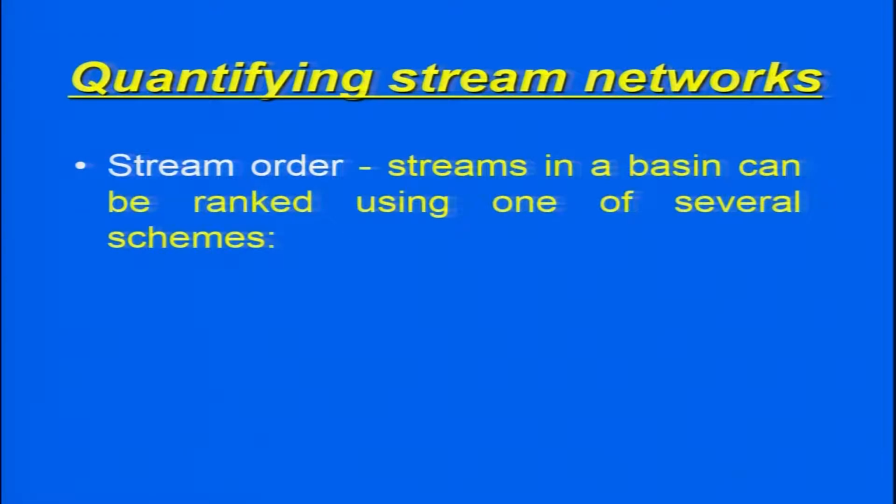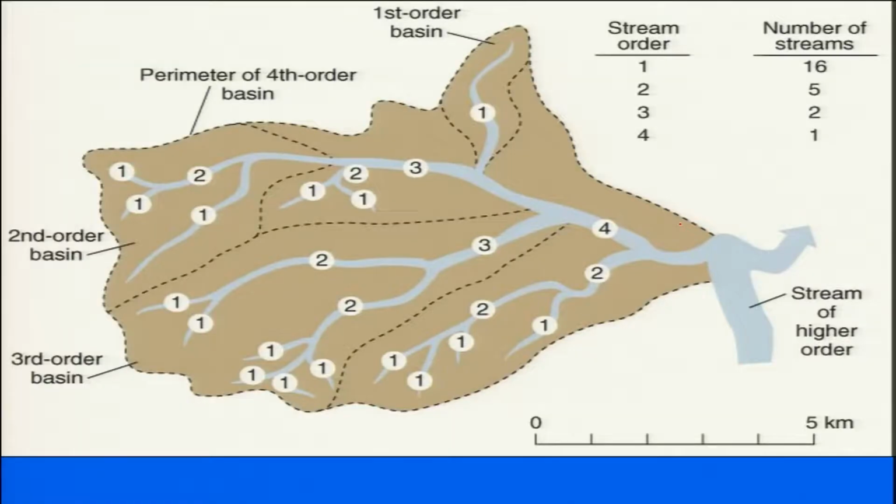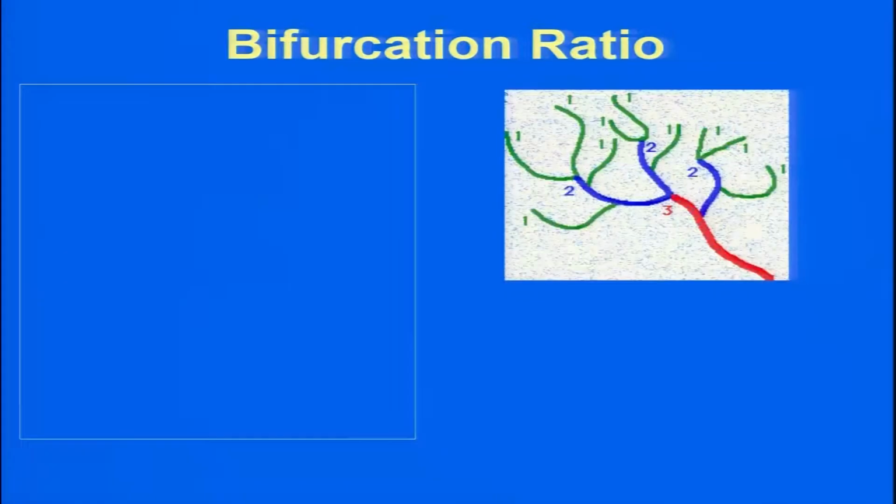So for quantifying the stream network, for stream order, streams in the basin can be ranked using one of several methods. This we have already discussed, so I'll move ahead. So if you are having the streams or the drainage which has been shown here, you have two smaller streams joining, making it second order, and two second order making it third order.